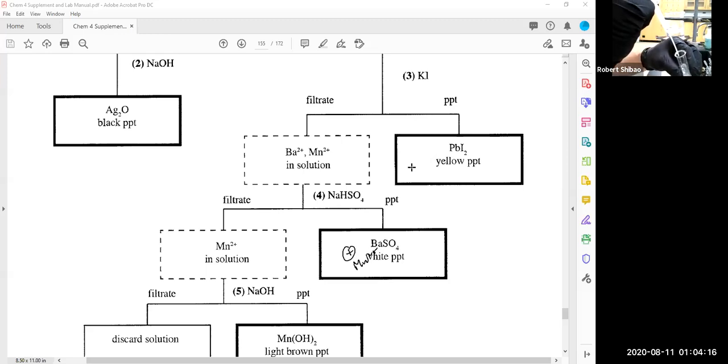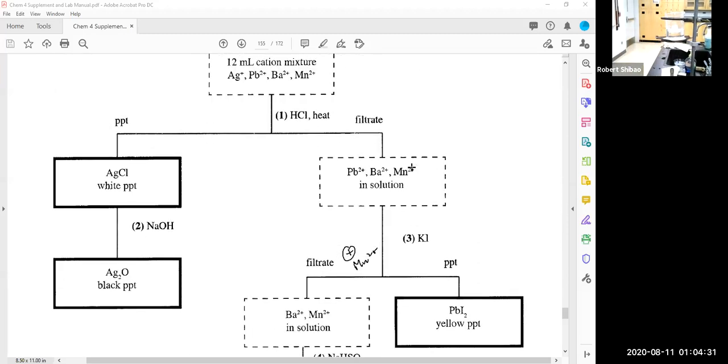So I'm going to test half the size of the sample here. Rather than 12 squirts, I'll do 6 squirts. Okay, then let me get the HCl, and let's see if we get a precipitate here with HCl. And a precipitate would indicate silver and or lead.